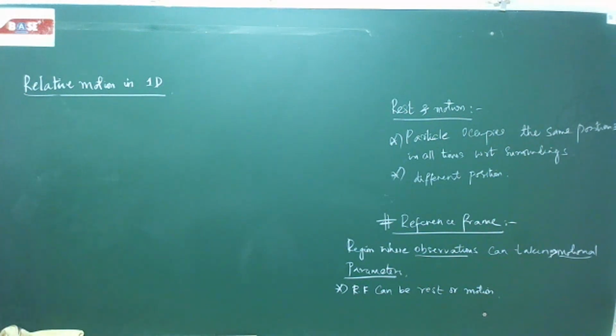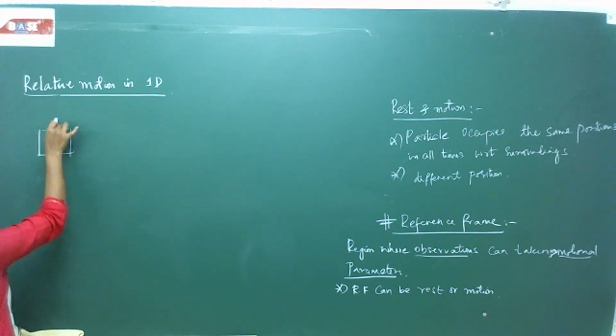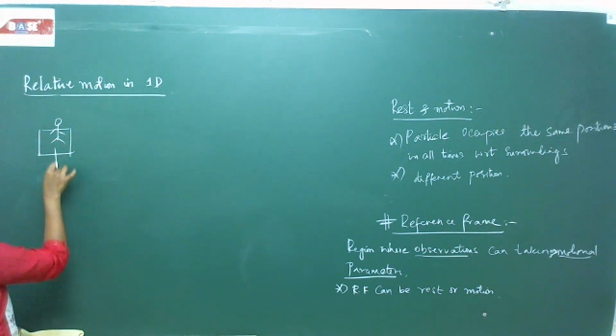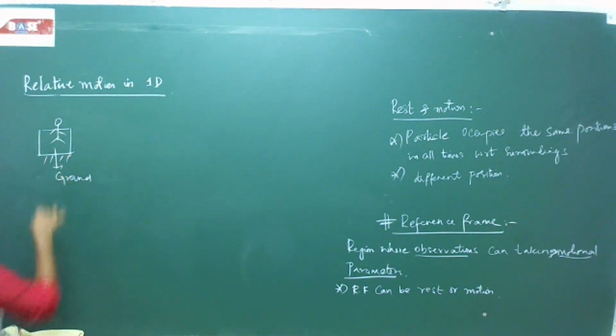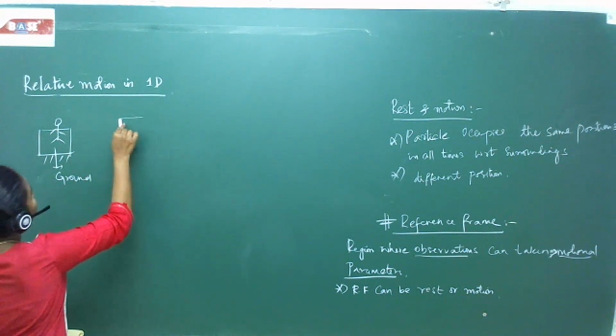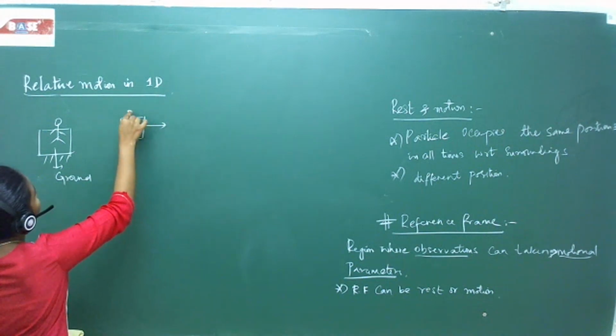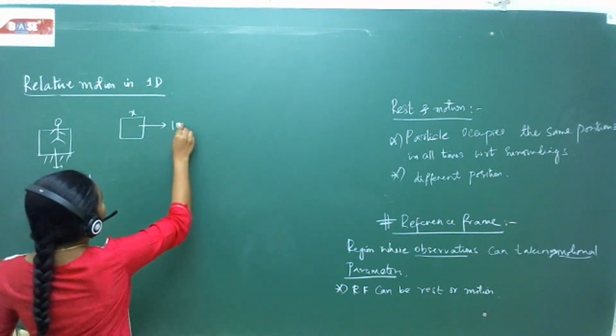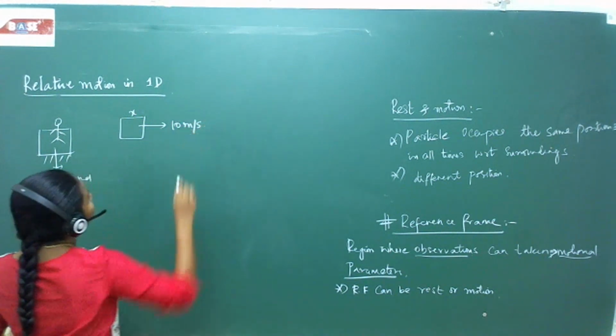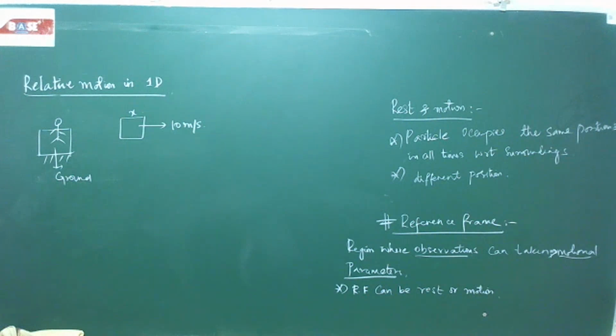Now we'll move on. I'll give some examples. There is a person standing on the ground. Okay, this is the ground. Now there is another object x which is moving at 10 meter per second.